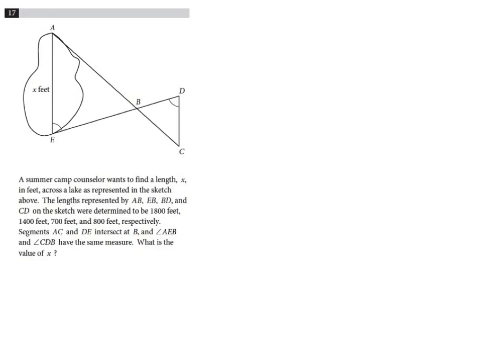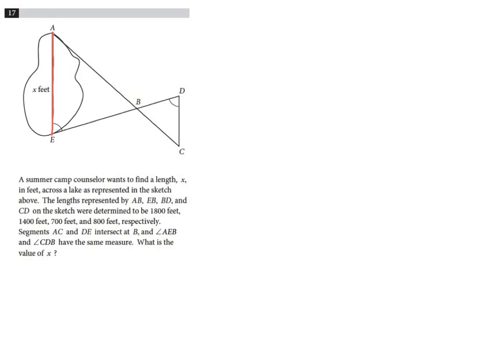Okay, number 17. A summer camp counselor wants to find a length x. That's this length right here, in feet across a lake, as represented in the sketch above. The lengths represented by AB, EB, BD, and CD on the sketch were determined. I'm just going to write those in as I'm reading them.